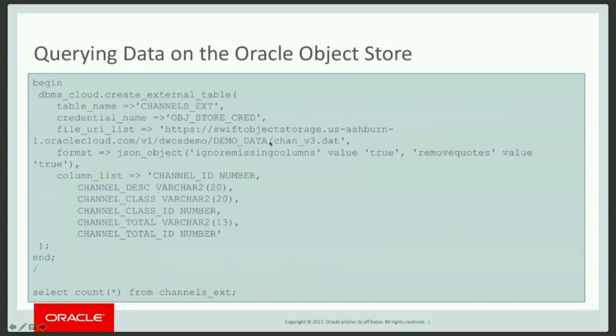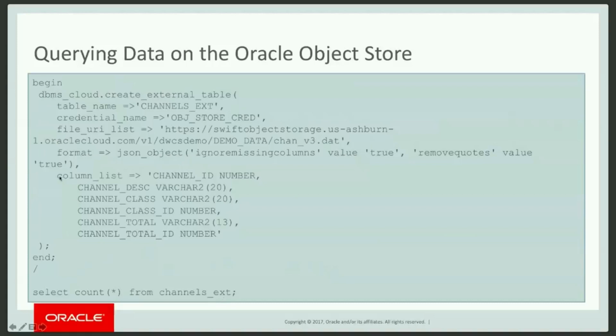So again, here, if I didn't want to load the channels data, and all I wanted to do was create a table, a view over that, an external table, then I use the create external table package. And then once that's run, I can simply say select count star from my external table, and we'll go to the object store, query that, and return the information to you.